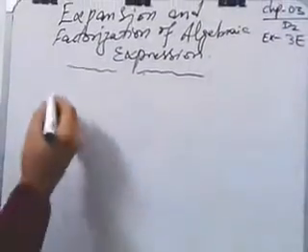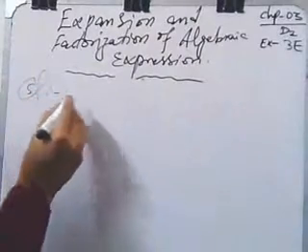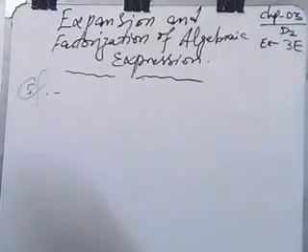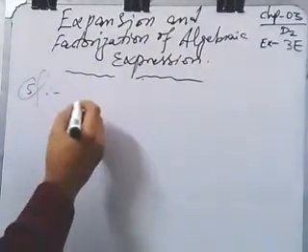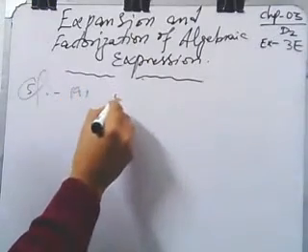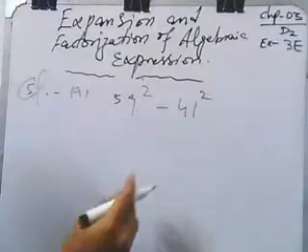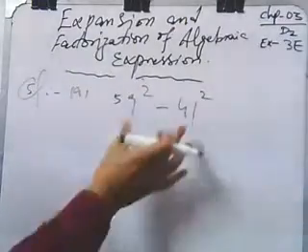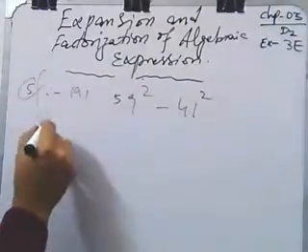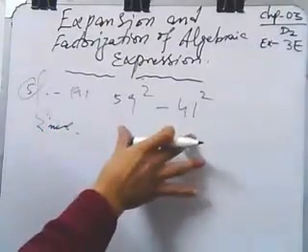Again, you see question number 5. Evaluate each of the following by factorization. A part, that is 59 square minus 41 square. How can we evaluate? Already perfect squares have been given, no problem.